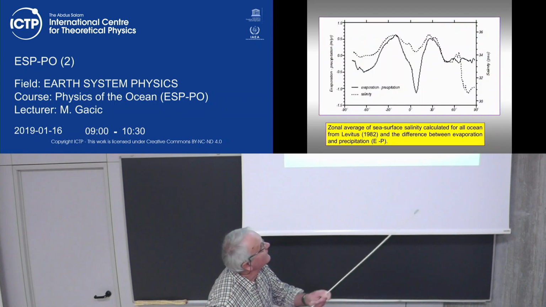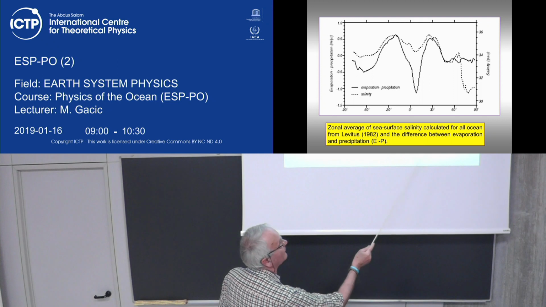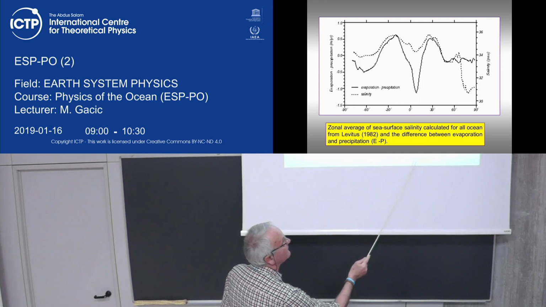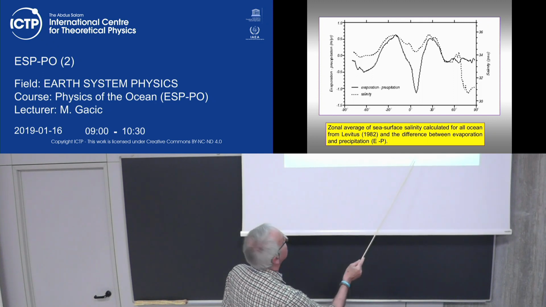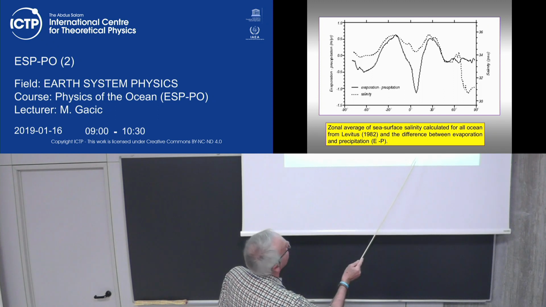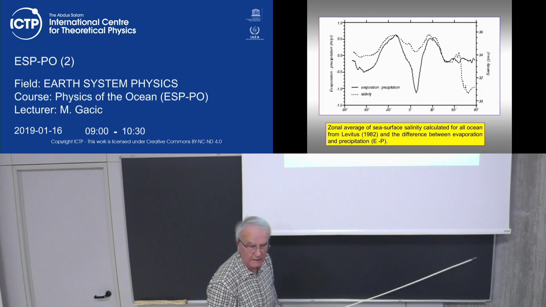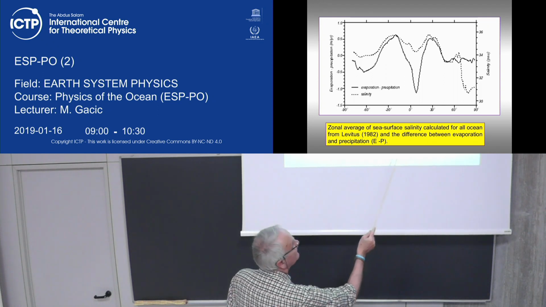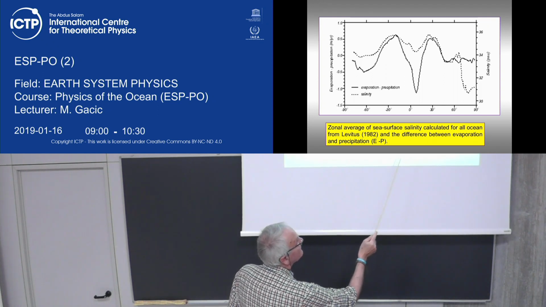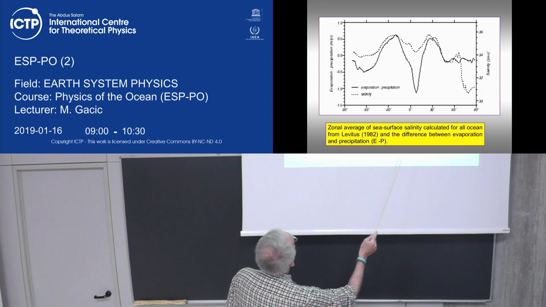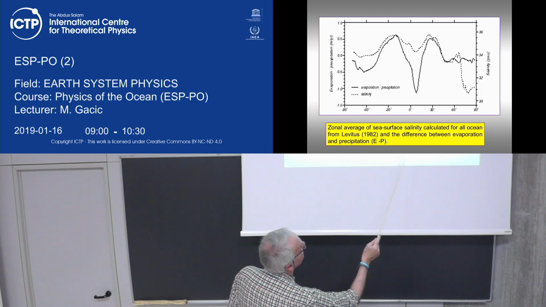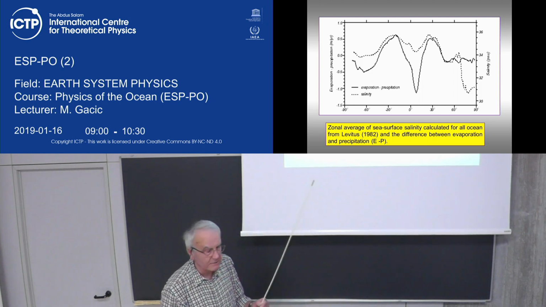In this part here, the salinity is lower than we would expect looking at evaporation minus precipitation. While here, the salinity is higher than it would be looking simply at the evaporation minus precipitation.